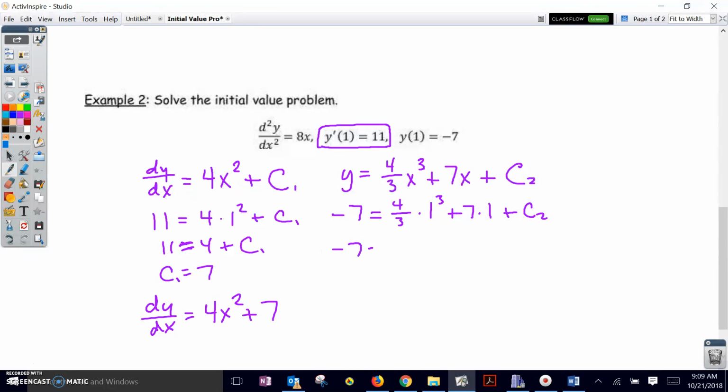Alright, so let's see. 4/3 plus 7 is going to be 25 over 3. And then subtracting 25 over 3 from both sides, we get negative 46 over 3 for the value of that constant. And now we can write our equation that is the solution to this initial value problem.